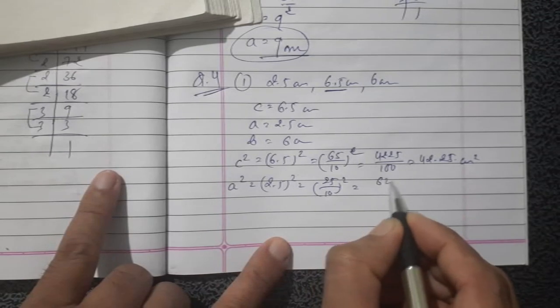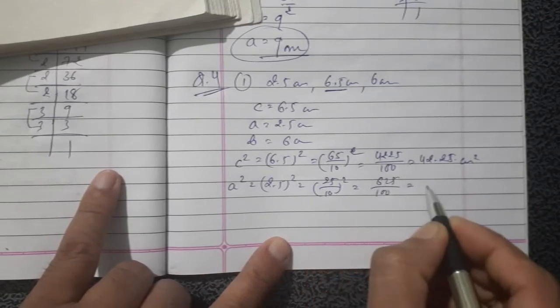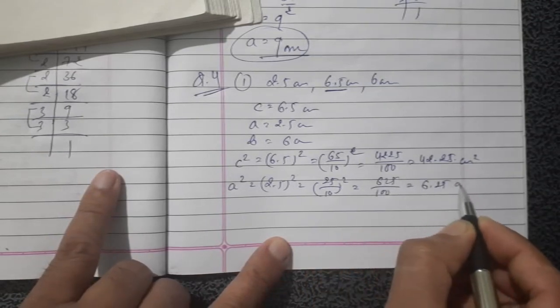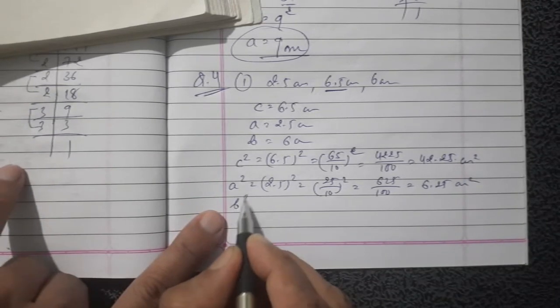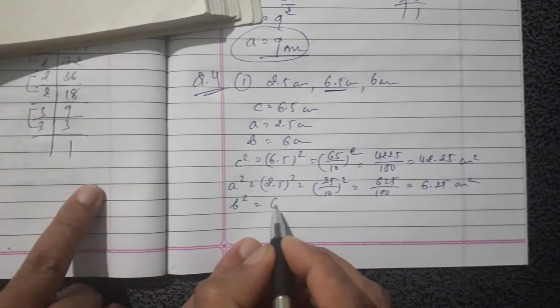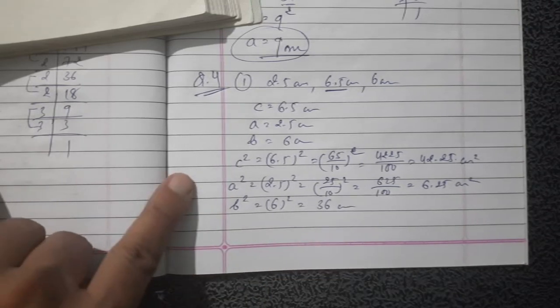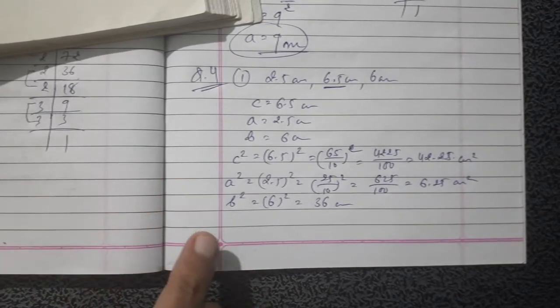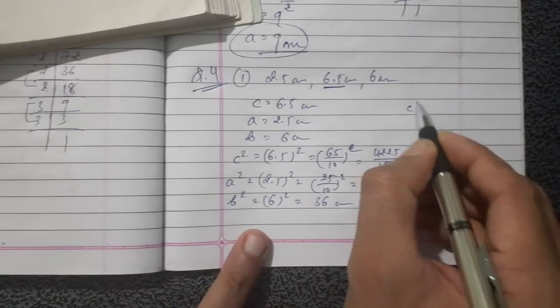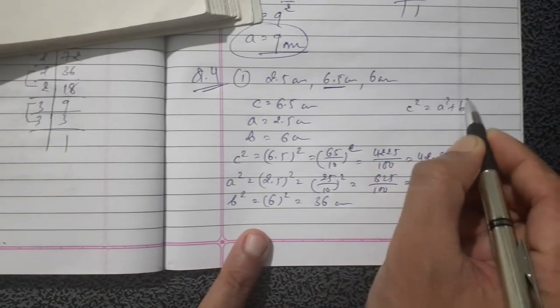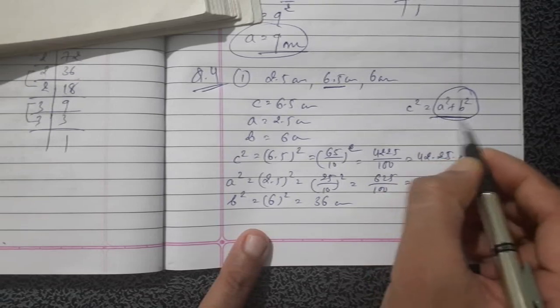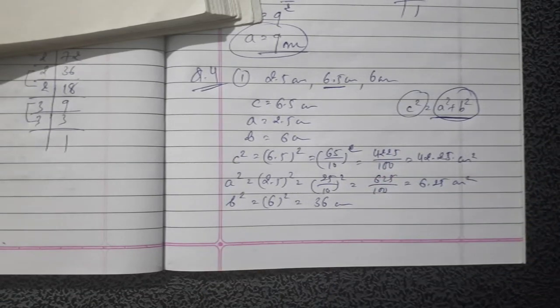Now A square equal to 2.5 square equal to 25 upon 10 whole square. 25 square means 625 divided by 100, that is 6.25 centimeter square. And B square equal to 6 centimeter means 6 square, that is 36 centimeter square. Now according to Pythagoras we know that C square equal to A square plus B square. That means you just check whether A square plus B square is equal to C square or not.